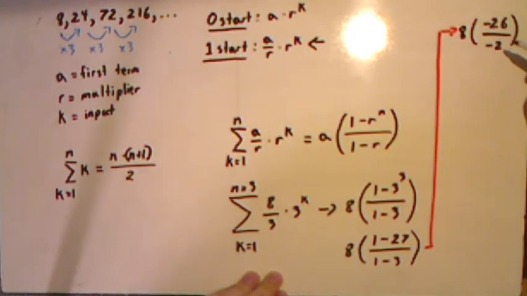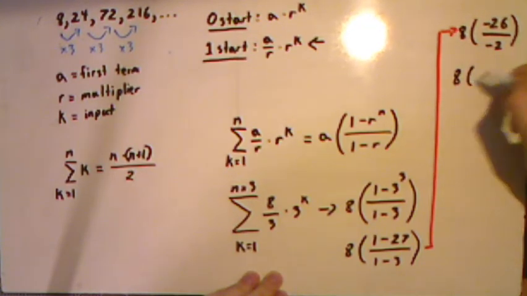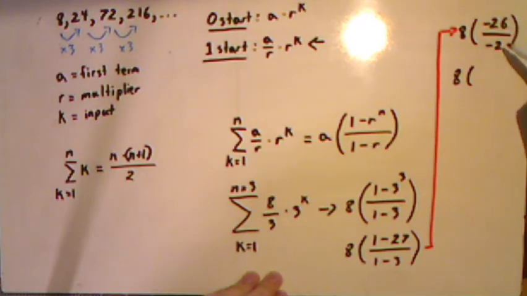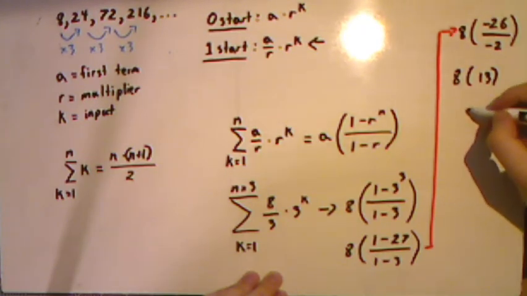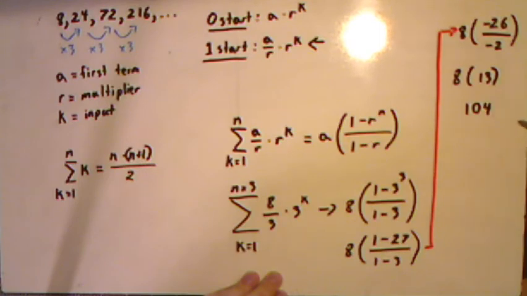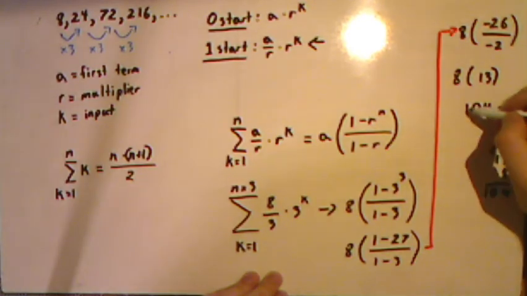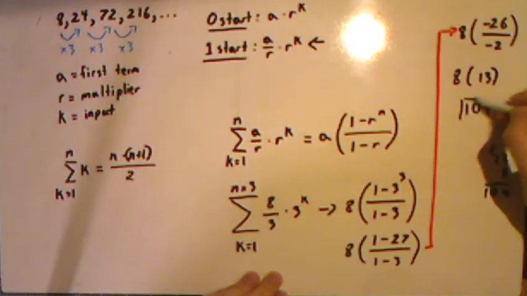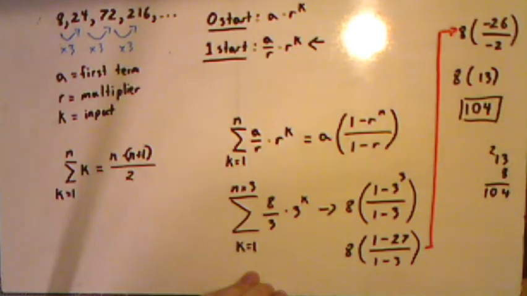Both of the negatives would cancel out, making this positive. We would still have our 8, and then we could do 26 divided by 2, which is 13, and then 8 times 13, which I believe should be 104. Always good to double check. Perfect. This would be the sum of the first 3 terms within our sequence.